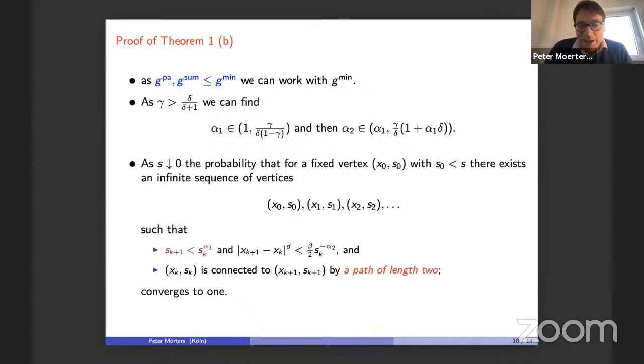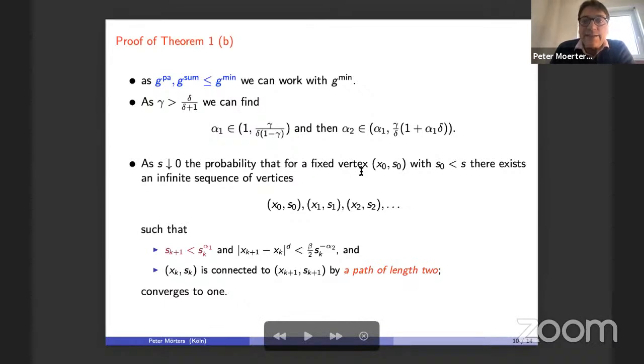There are vertices of arbitrarily large degree. The question is just how close are they, and do we manage to get there? For this part of the proof, it's constructive. We have to construct a way to get to these vertices of very large degree.